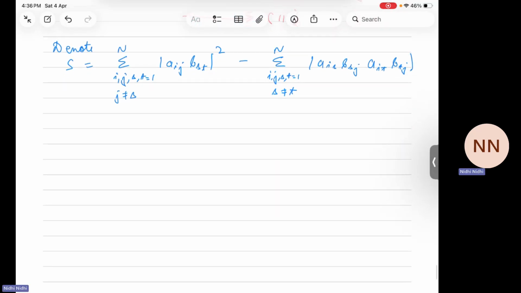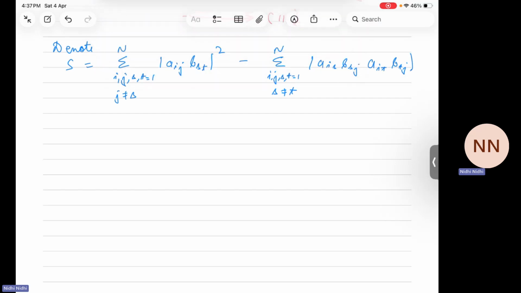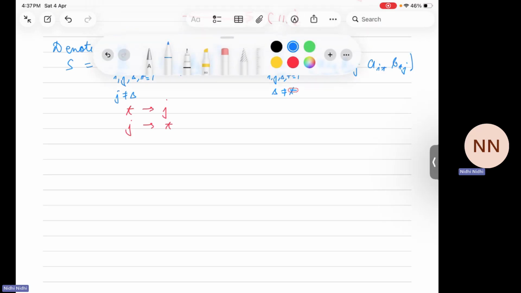So just for notational simplicity, let's denote this t by j, this j by t. So what do we get?